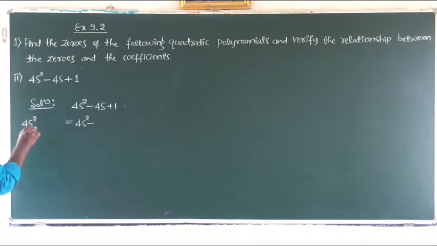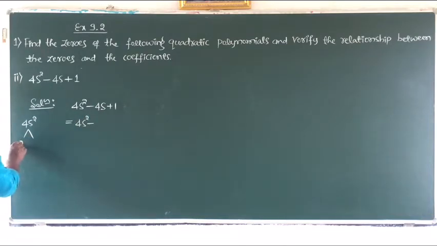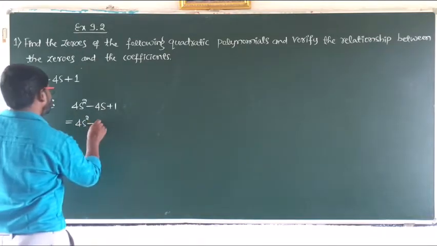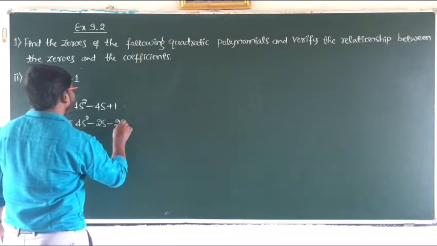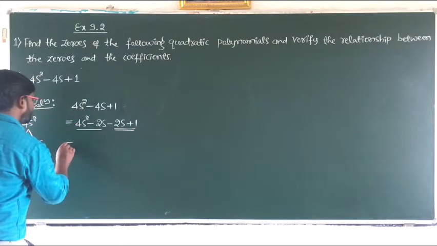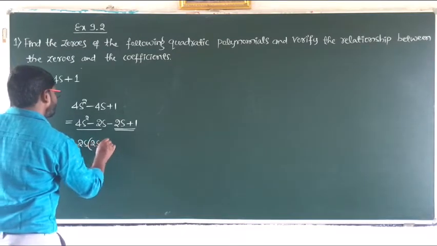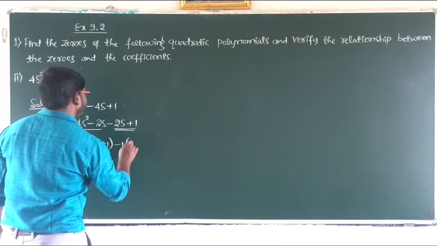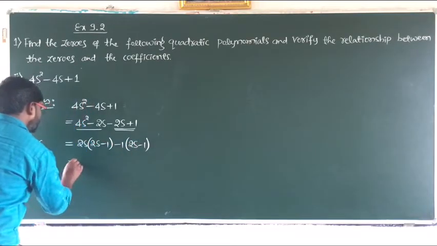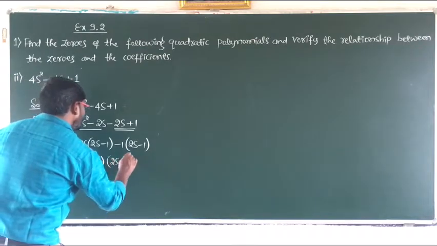We consider factors such that we get the middle term. Here I take minus 2s and minus 2s; multiply these two we get 4s square, add these two we get the middle term, minus 4s. So it is 2s minus 1 in the first two terms and in the next two terms we take minus 1 common, and we get 2s minus 1.